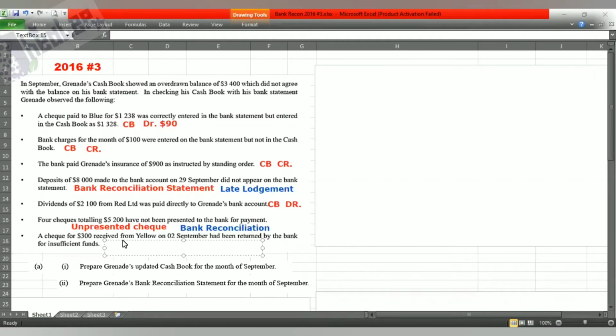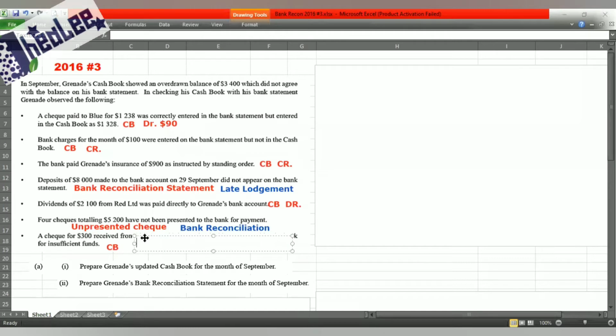So therefore that means we're going to get rid of that debit entry that was made by crediting. And in crediting, this entry is going to cancel out what was received before, because we need to reflect that we are still owed by Yellow. And that is going to be used to update our cash book. So CB to represent the cash book. And in this case, we are going to credit the cash book.